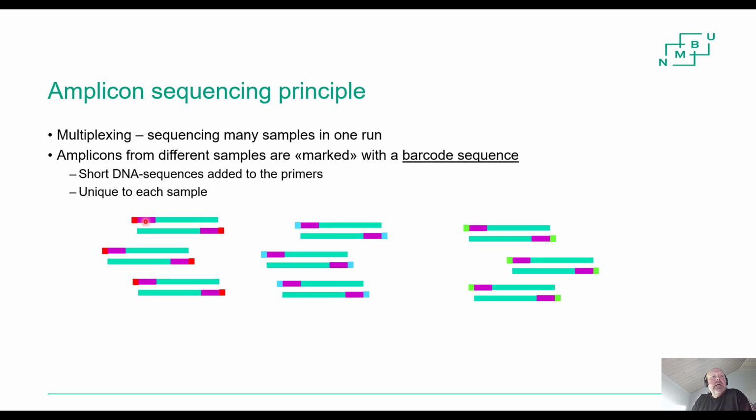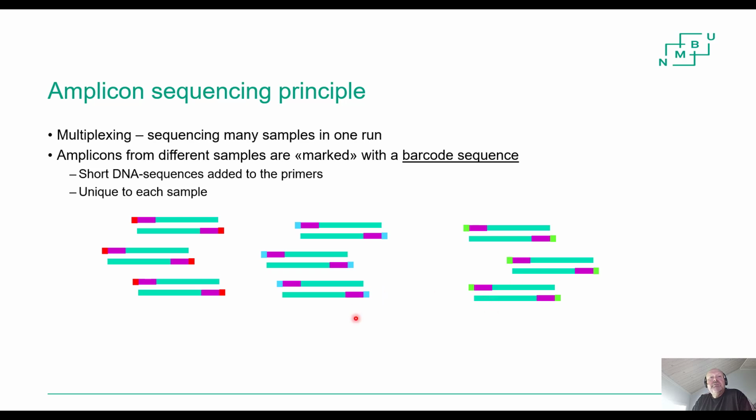Notice all the amplicons have the primers, that's this lilac region here. But these amplicons come from the first sample, and they have a red barcode as part of their primer, while these are from a second sample, they have a blue barcode as part of the primer. And these are from a third sample with a green barcode.